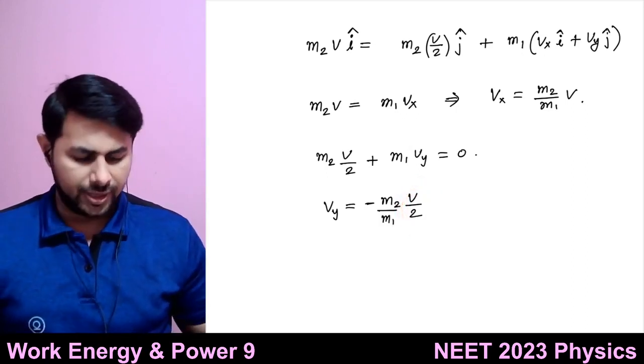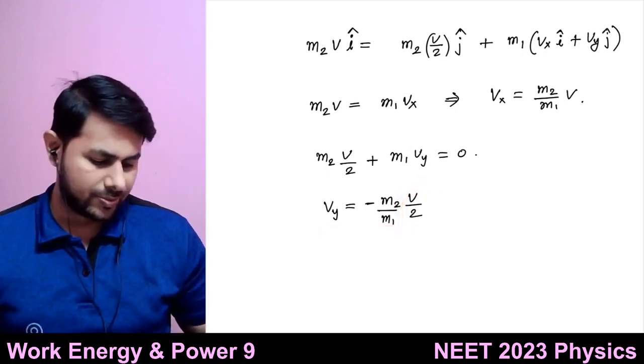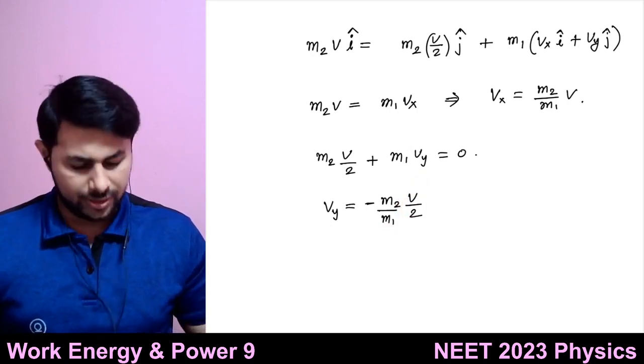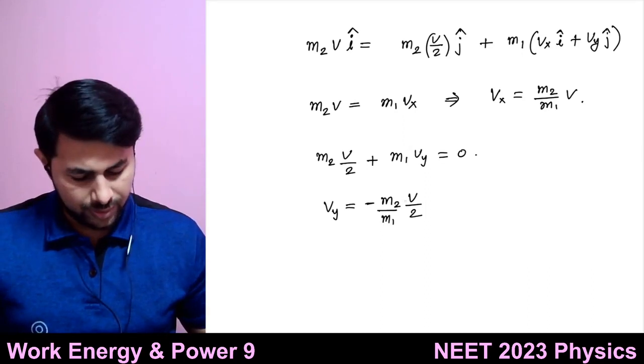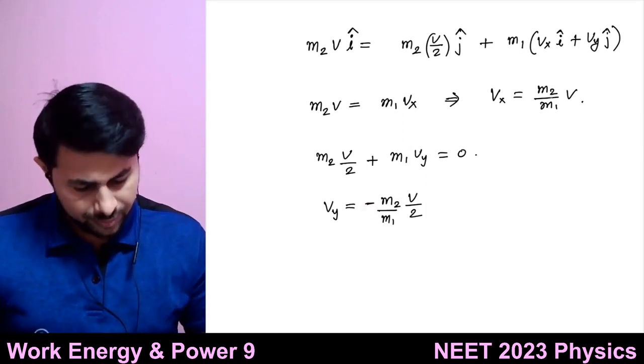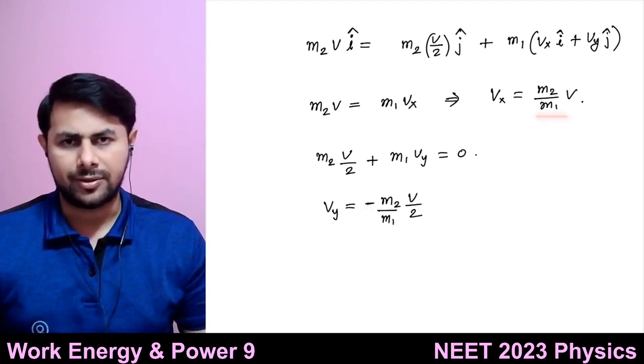So the y and x components of velocity of mass m1 are minus m2 by m1 v by 2 and m2 by m1 v.